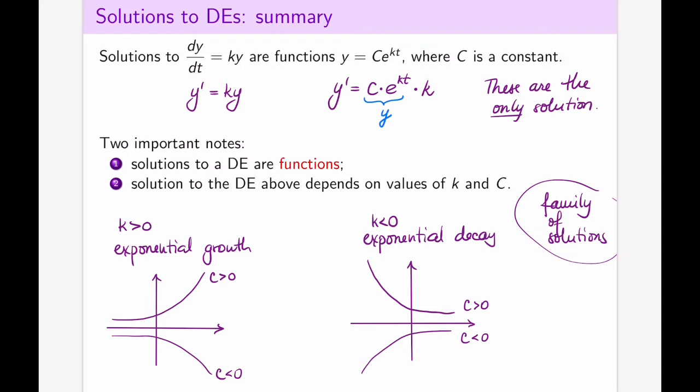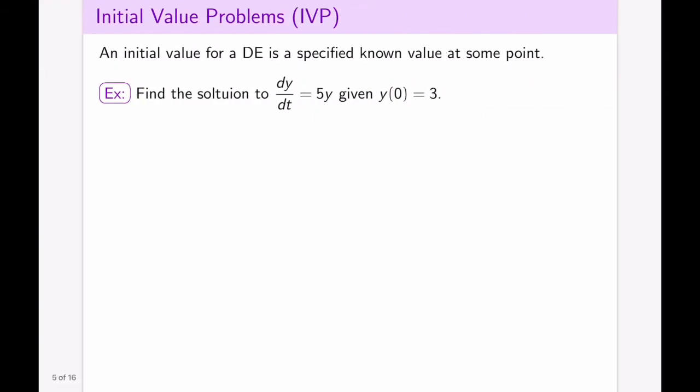If I would like to pick a specific member of this family, I need further information. In particular, if I have some kind of knowledge about the value of c, then if I have infinitely many of these related curves, just fixing one point will allow me to fix the one particular member of the family of solutions that I have to consider. The problems like that are what we call initial value problems, and that is when you have a particular value that is specified at some point.